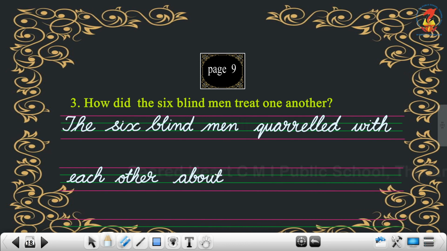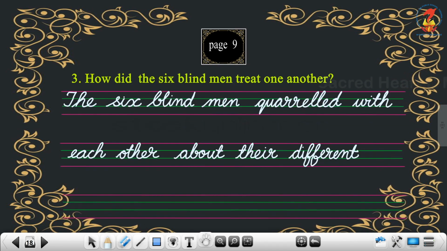A-B-O-U-T, about. T-H-E-I-R, their. Different views. D-I-F-F-E-R-E-N-T, different. Cut for T and dot for I.